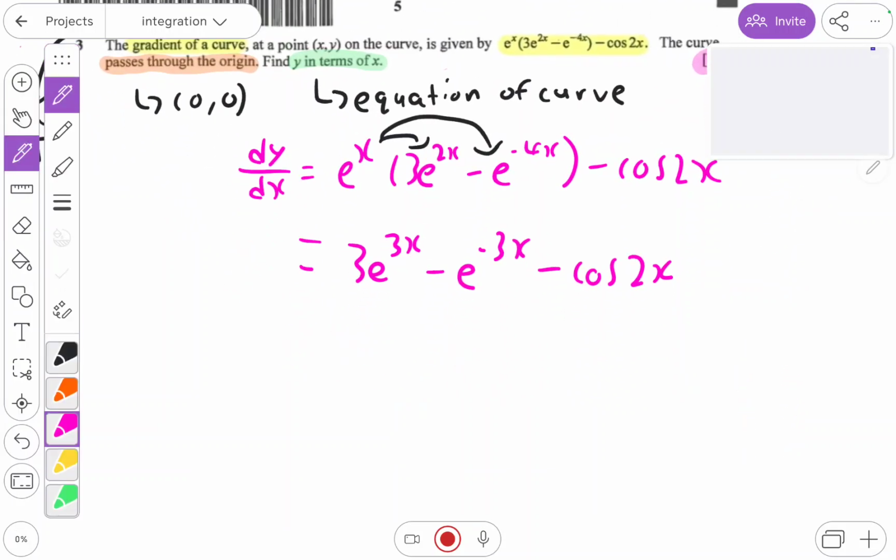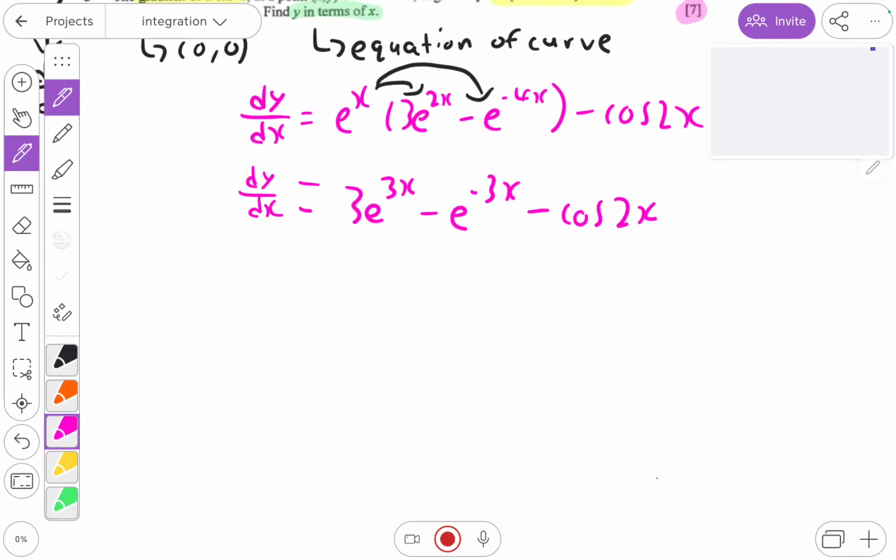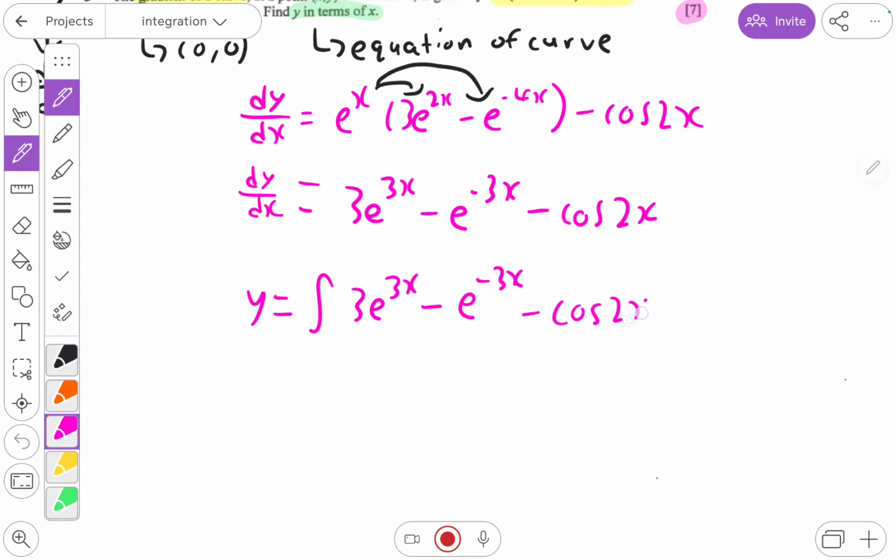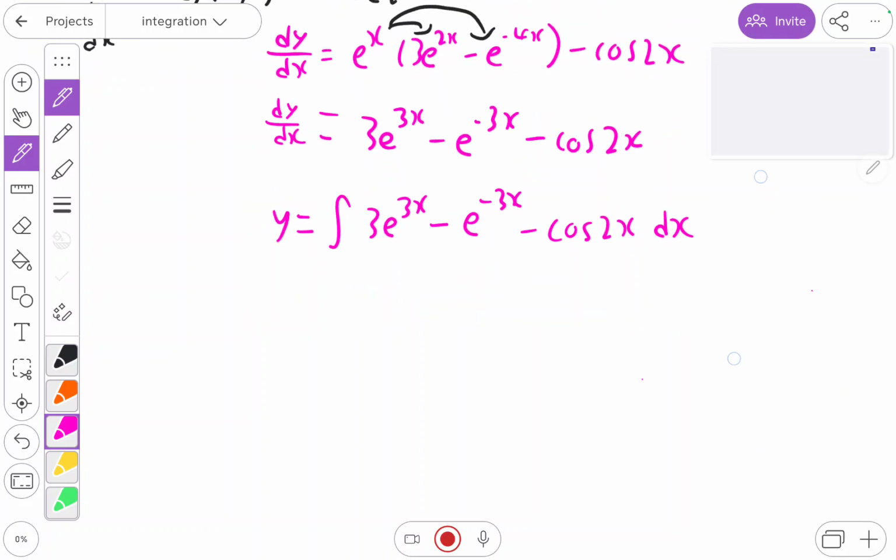So now, if we know that dy/dx equals 3e^3x minus e^(-3x) minus cosine 2x, if you want to find y, what do you need to do? This is where your integration comes into play. So you have to integrate 3e^3x minus e^(-3x) minus cosine 2x dx.